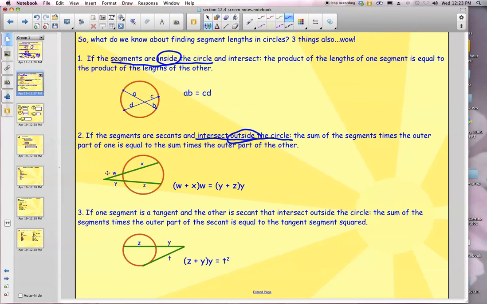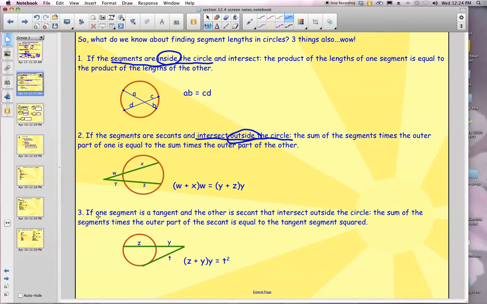So (x plus w) times w equals (y plus z) times y. So the total times the outside equals the total times the outside. And that's what I have written here.